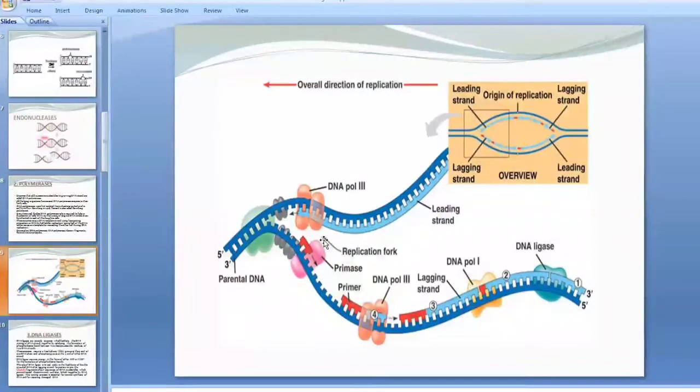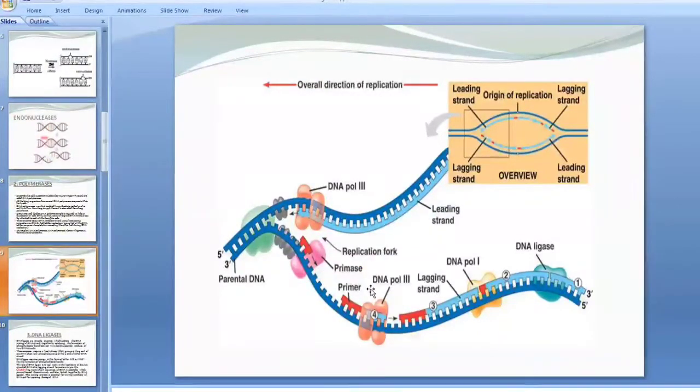This is the replication fork, no? Whereas the lagging strand can extend its duplication using the parental DNA from 5 prime to 3 prime direction, away from the replication fork.